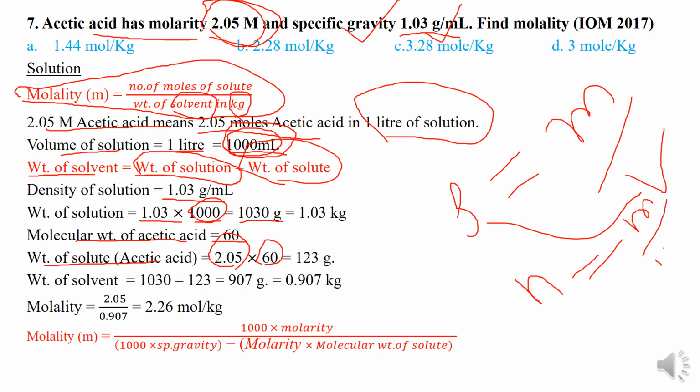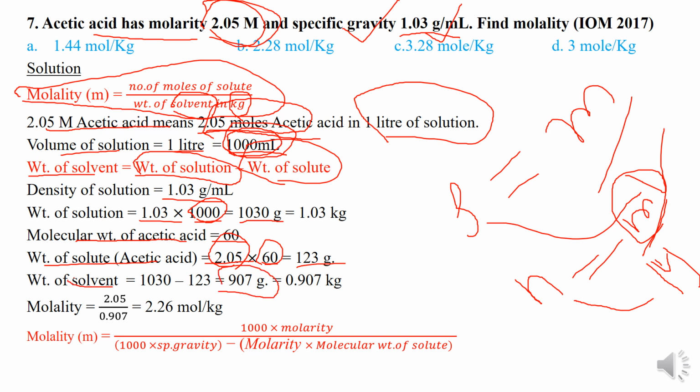Then mass in gram or the weight is equal to number of moles times molecular weight. So 2.05 moles of acetic acid times 60 is the molecular weight of acetic acid. Then 123 gram is obtained. Then weight of solvent will be weight of solution minus weight of solute, that is 907 gram.